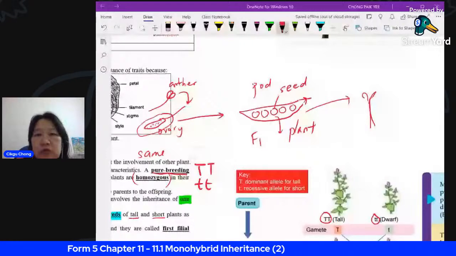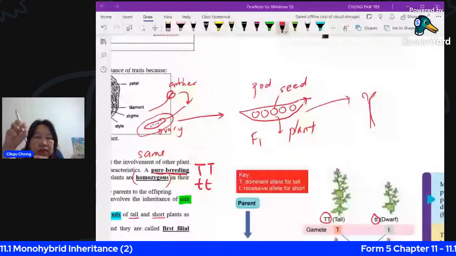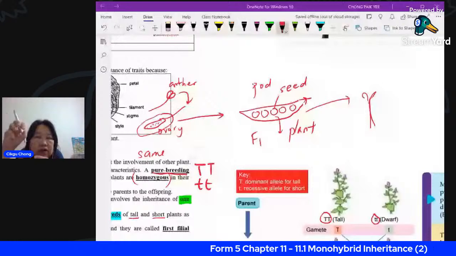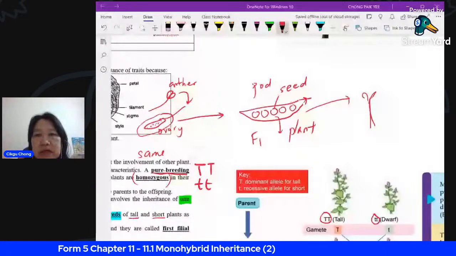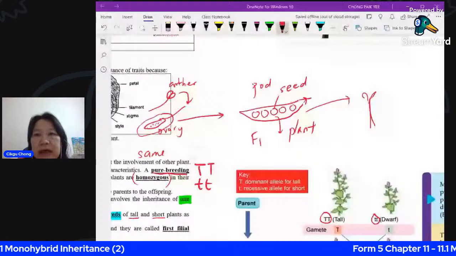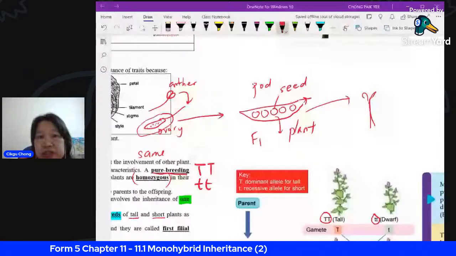That means pollinate the same flower, take the pollen grain of the same flower and put it back onto the stigma of the same flower, or maybe a different flower but the same plant. Then the ovary will be fertilized, and you're going to get some pods. This is the pod, so this is going to be F2.